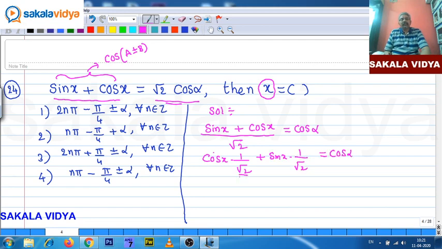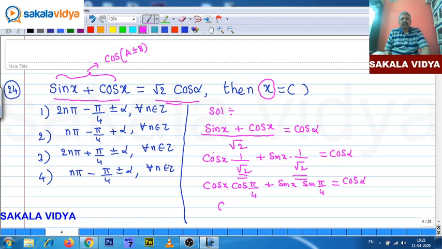Again this 1 by root 2 is equal to cos 45, and 1 by root 2 is equal to sin 45, you can write. This is cos x cos pi by 4 plus sin x sin pi by 4 equal to cos alpha.